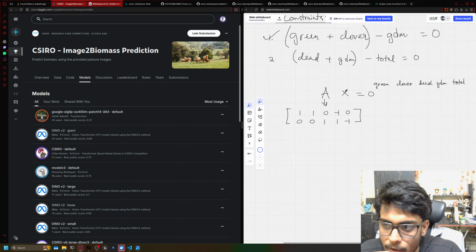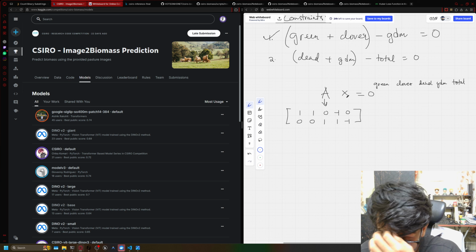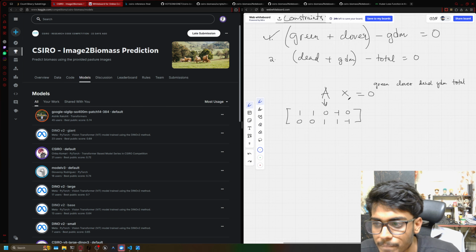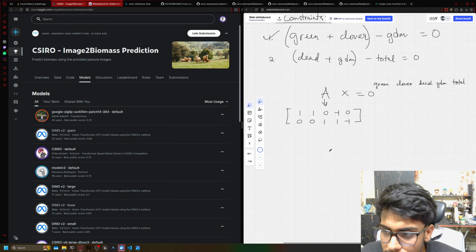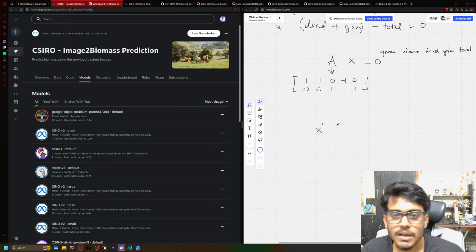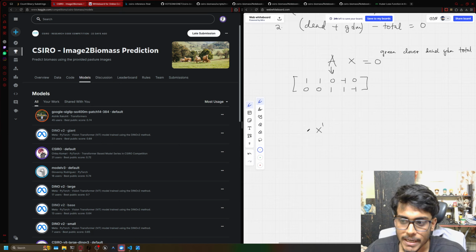Now if the prediction I got from the classical models does not equate to 0, then I need to correct X. This is an error minimization problem where X prime is the corrected matrix, which when multiplied with A will give me 0.